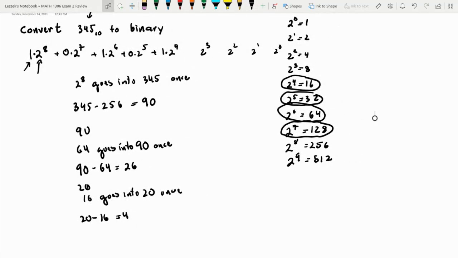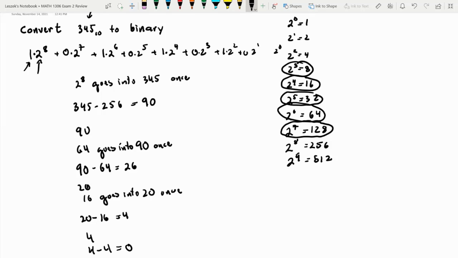And then we see that 8 goes into 9 once. Okay, and then we update our number. 9 minus 8 is 1, so we continue.